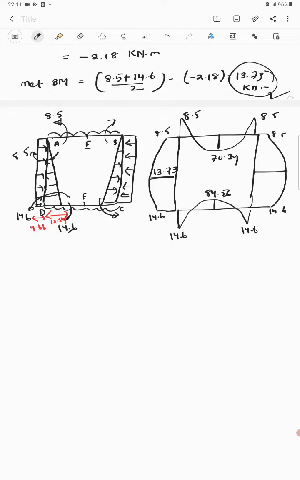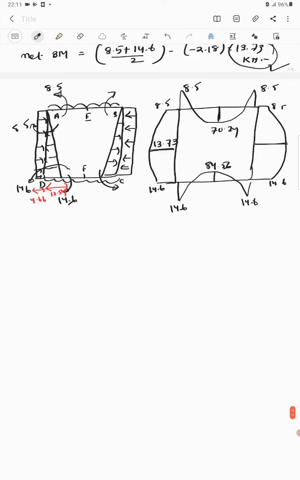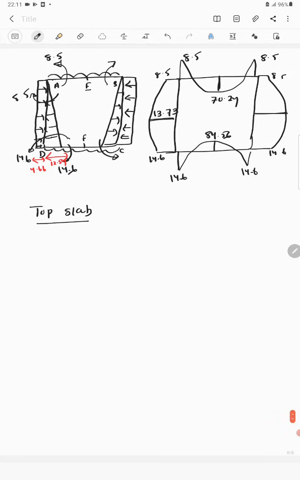Next, we have to choose out of these three cases. We have to choose the value of maximum bending moment at each point. So for the top slab, first we will consider this top slab.